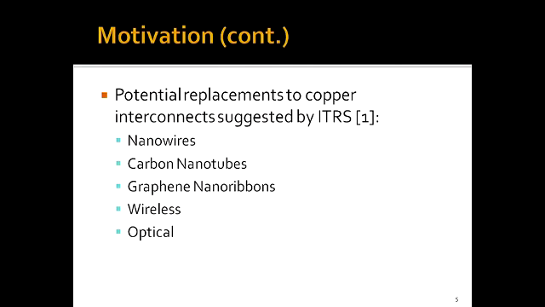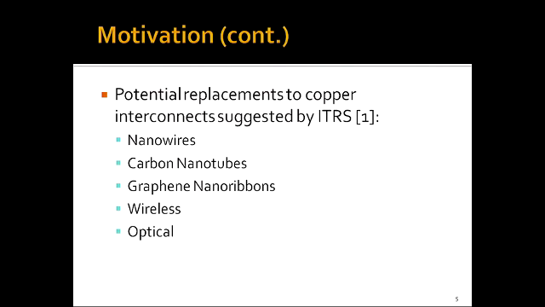So the report also proposes potential replacements to the copper interconnects, which would be nanowires, carbon nanotubes, graphene nanoribbons. There's a wireless scheme that involves antenna and signals, and then there's an optical scheme.